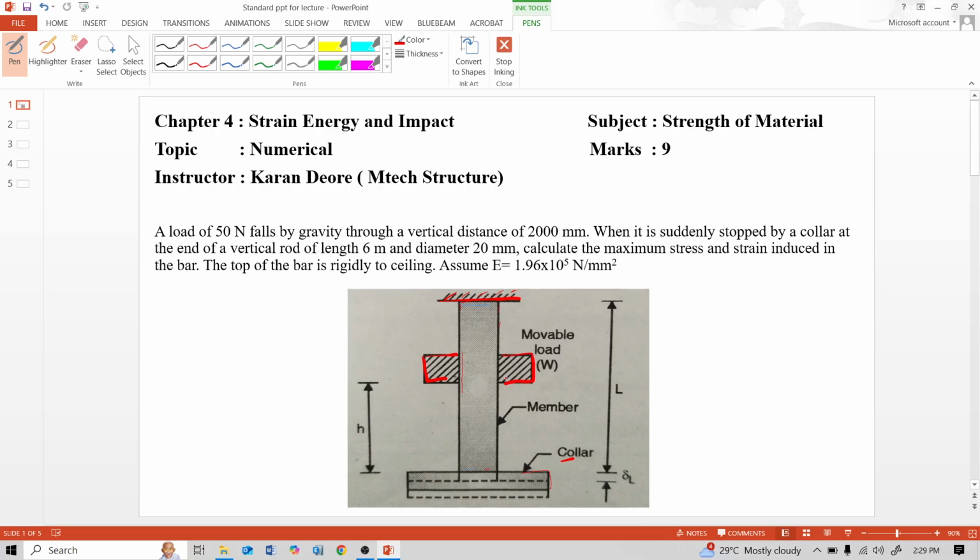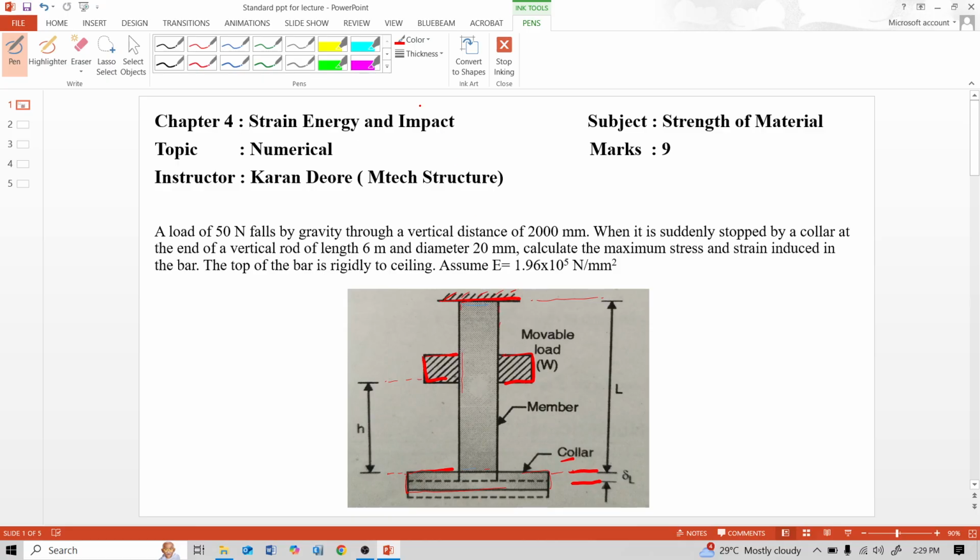When this movable load impacts on this collar, due to this impact load, this bottom member slightly changes its shape, and this change is delta L, and this member's total length is L, and this is the dropping height, small h.